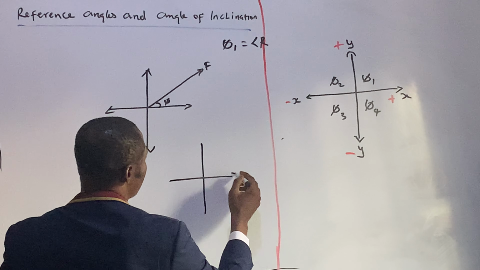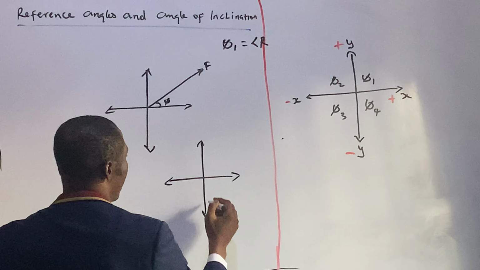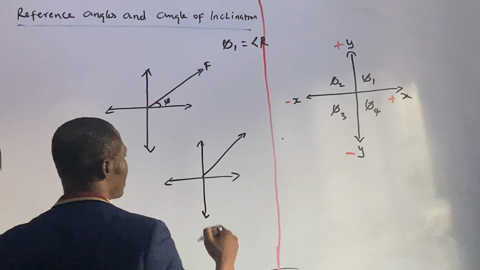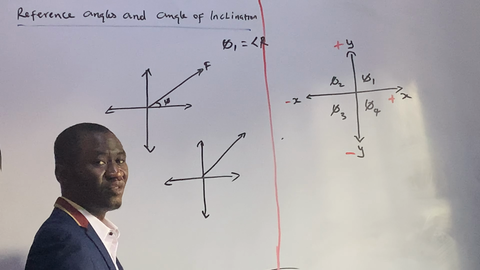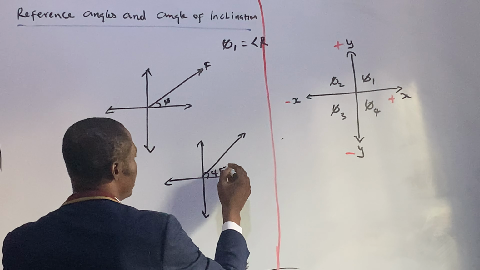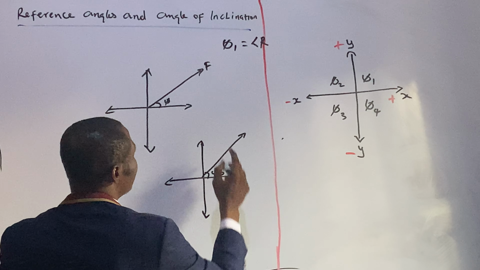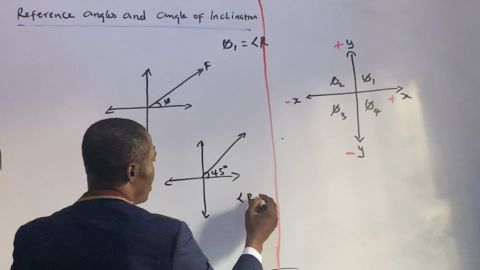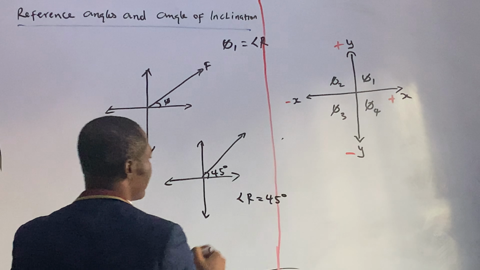Let's say we have this, and then a force travels in this direction. A vector can be a force, velocity, acceleration, any of those. Now, 45 degrees. Remember that the reference angle here will be equal to 45 degrees.